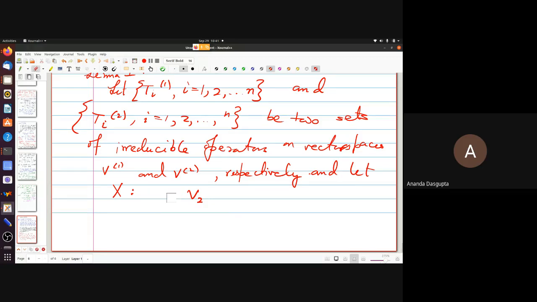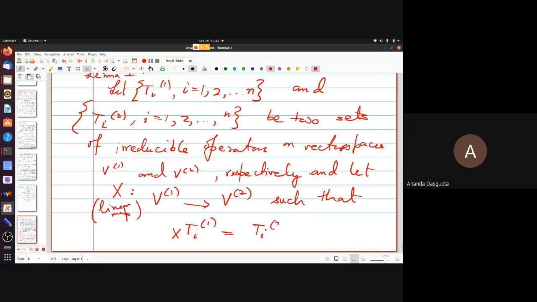X is of course a linear map. Unless otherwise stated, all maps we are going to talk about between vector spaces are linear, such that X Ti1 is Ti2 X, where i goes from 1 all the way up to n.